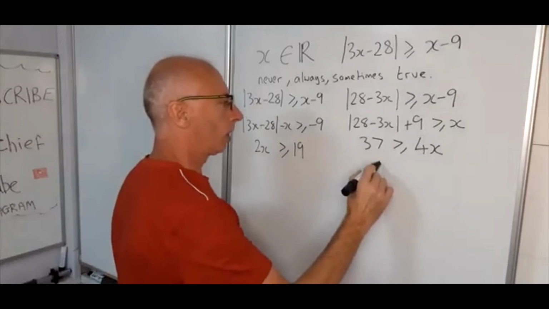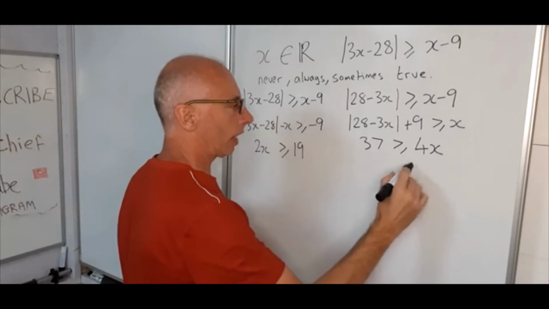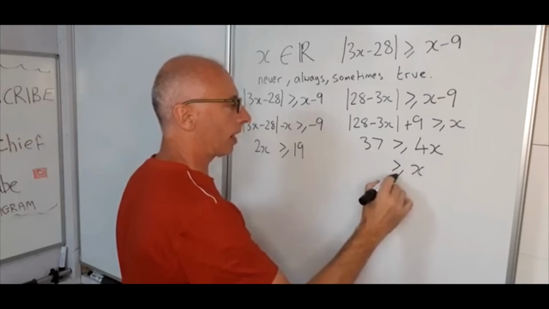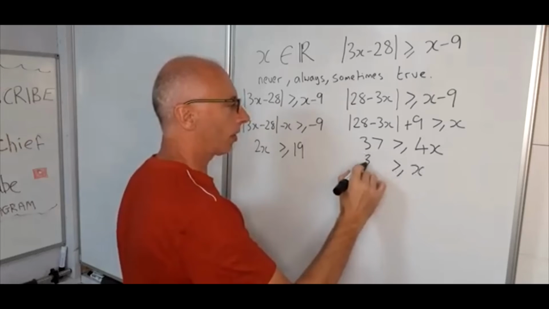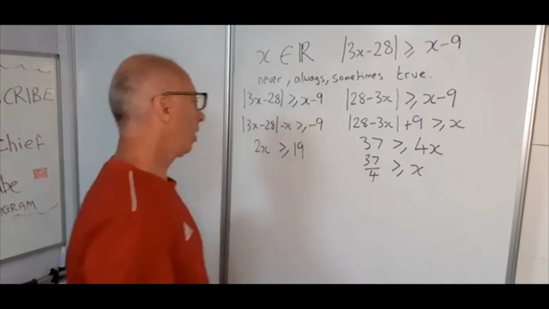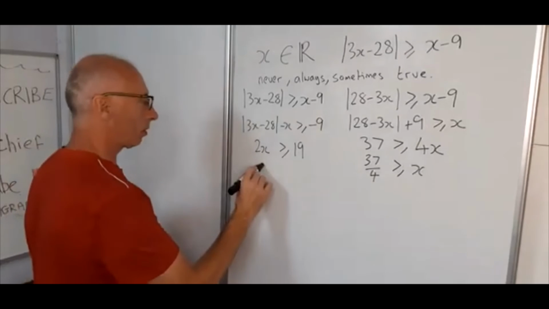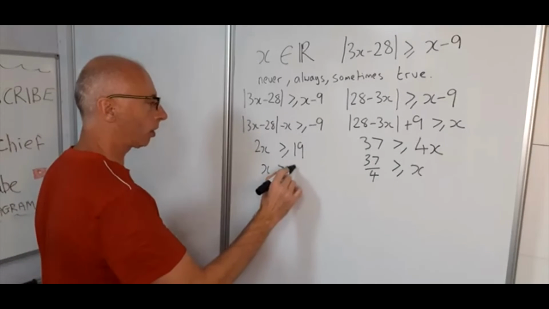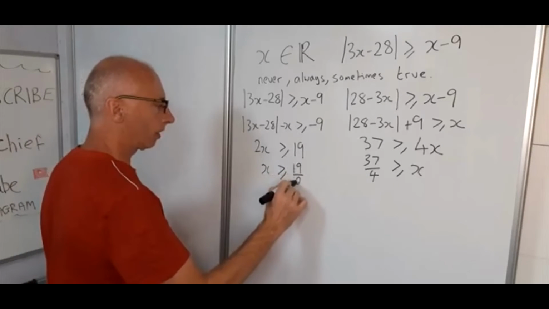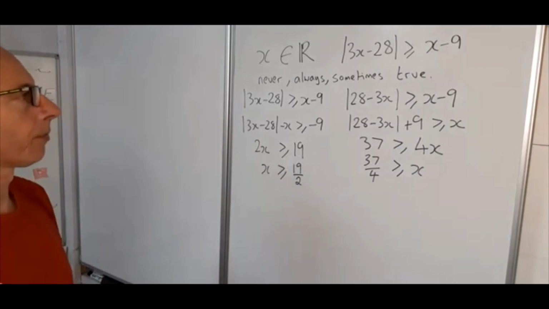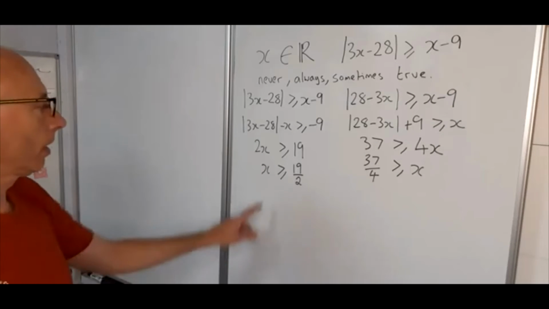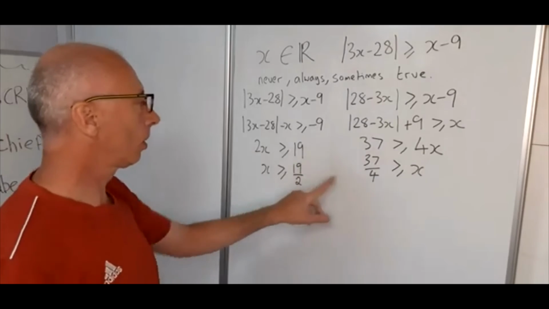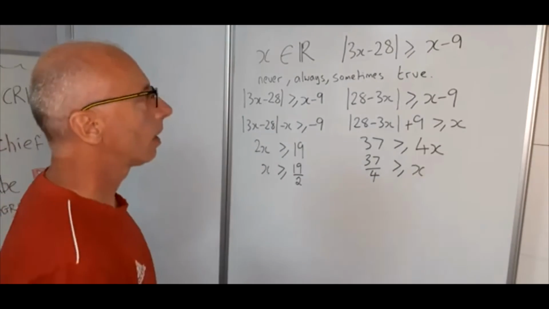So therefore, x is less than or equal to 37 over 4. Same for this one here, x is greater than or equal to 19 over 2. Okay, so that's our solutions for this inequality.